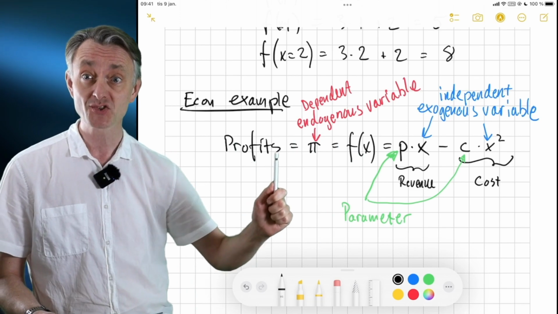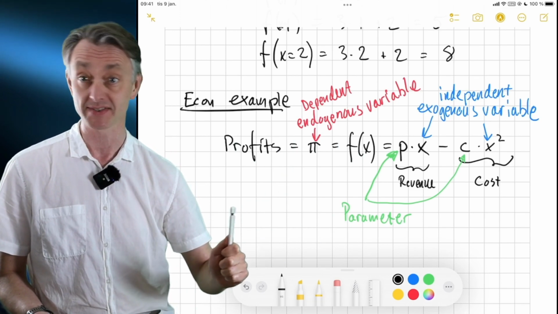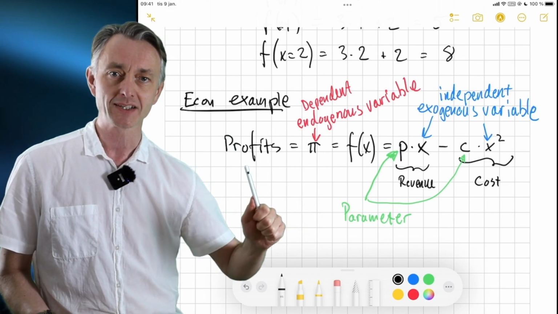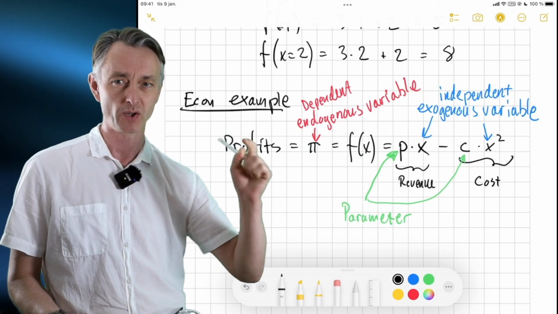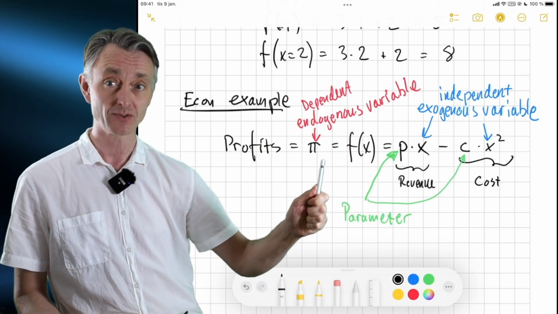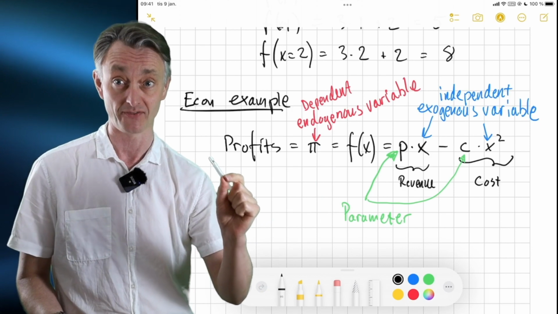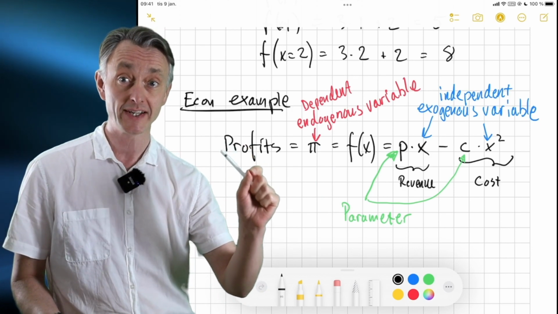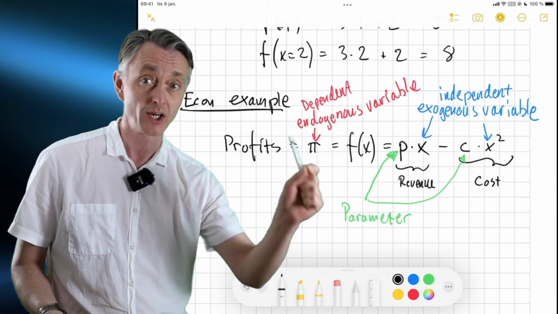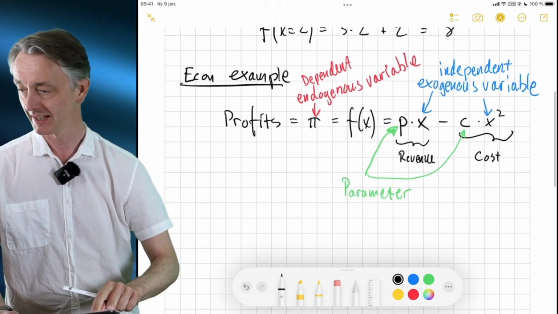That is rates of change. That's really important for economists and other people too, I guess. But what if the firm might ask the question, what if we raise production by 1 unit? Are the profits going to increase or decrease or stay constant? That is really important information. And to get rates of change, we are then going to need the derivative, and that is why we are going to continue with that.